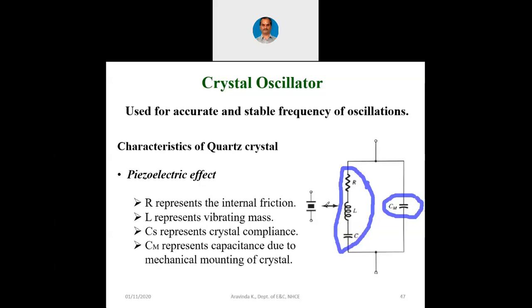So you will have RLC parallel with Cm, due to which you will have parallel resonance. Which means the crystal can have two frequencies now. The same crystal can have two frequencies. One is a series resonant frequency, one is a parallel resonant frequency. We can use any one of them depending upon how we use the crystal.